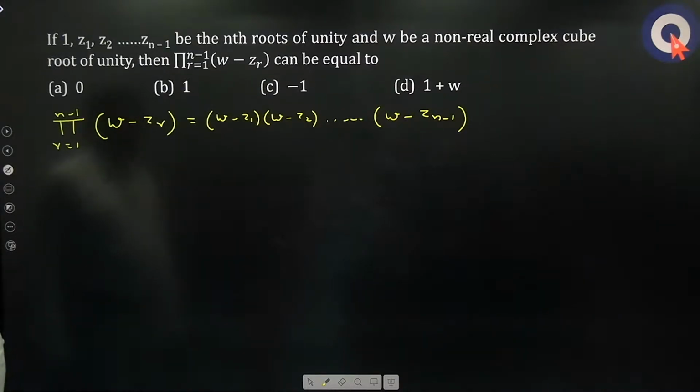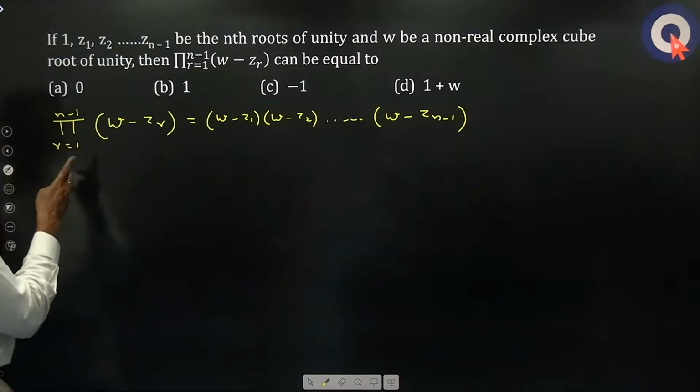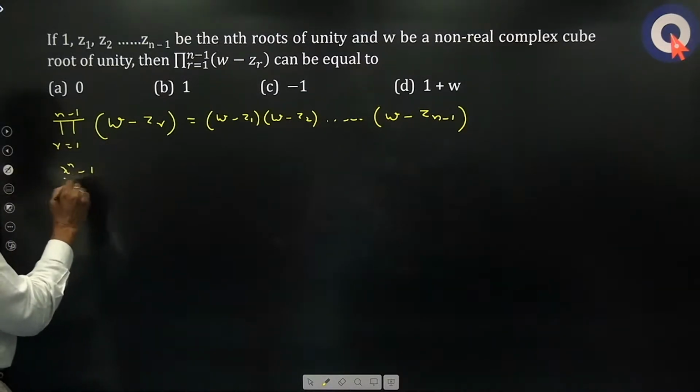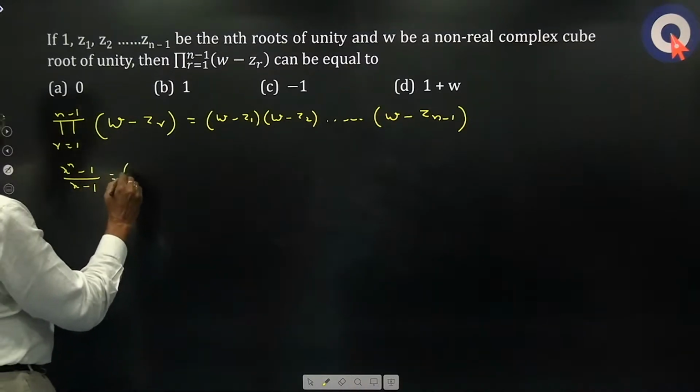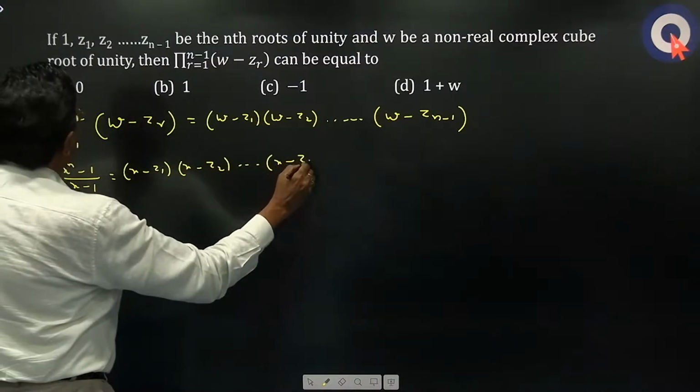Okay. So now x power n minus 1 by x minus 1, if I consider, this is x minus Z1, x minus Z2, etc., x minus Zn minus 1.